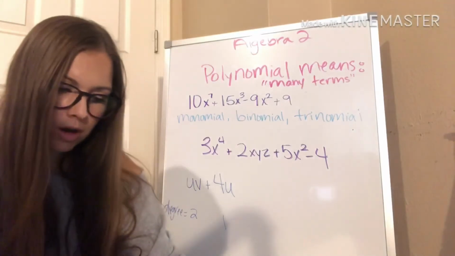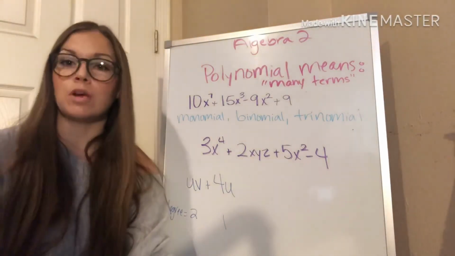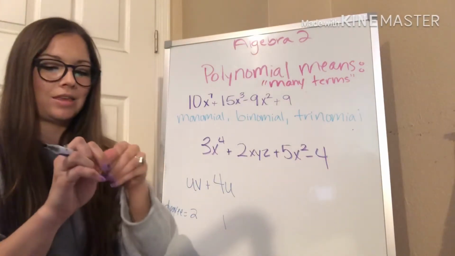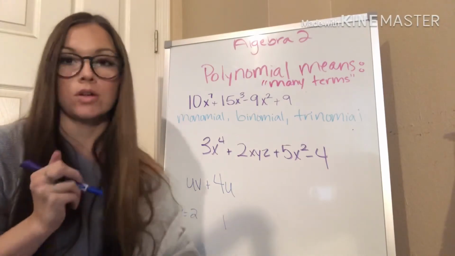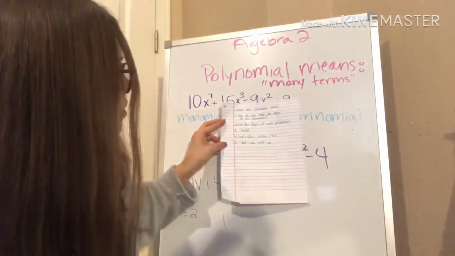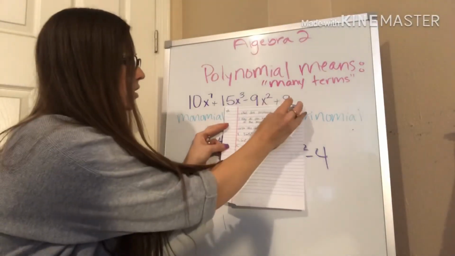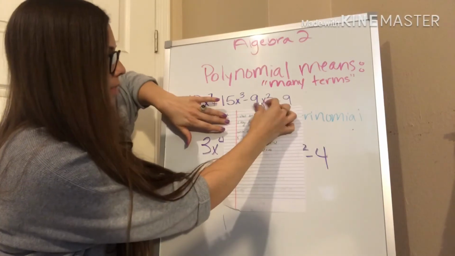Your homework, your assignment from here is going to be pretty simple. You're just going to answer a couple of questions and then identify the degree of 3 different polynomials. So I'm going to stick it on the board with my magnet, and then I'll zoom in on it so you can see it.